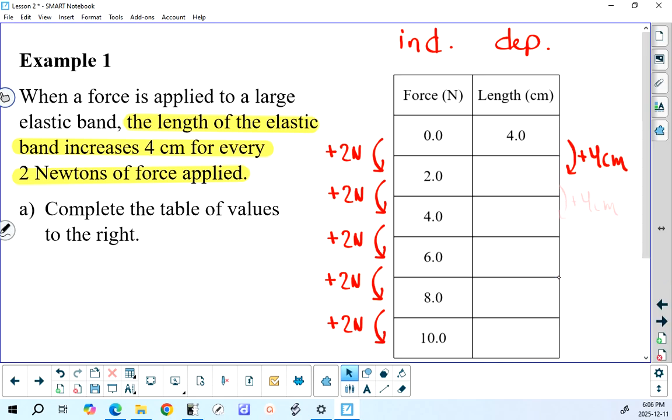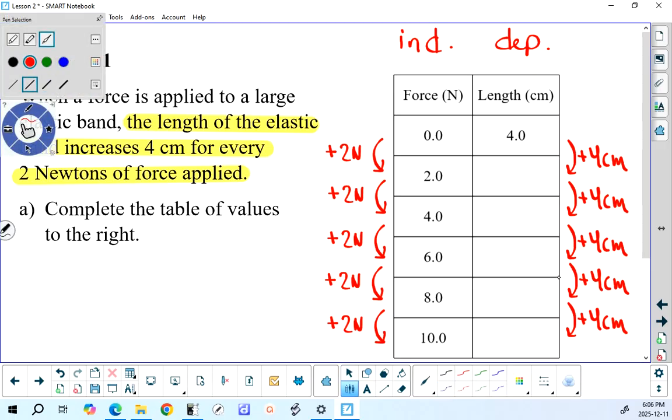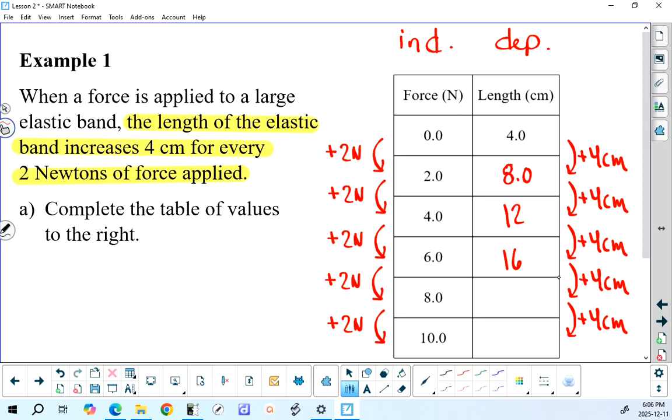Obviously, you don't have to write down everything that I'm showing you here, but I think it helps visually if you see what I'm talking about. So to complete this table of values is child's play, which means it's very simple. All we do is we add 4 centimeters to the previous length. So this will be 8 centimeters. Plus 4 is 12. Plus 4 is 16.